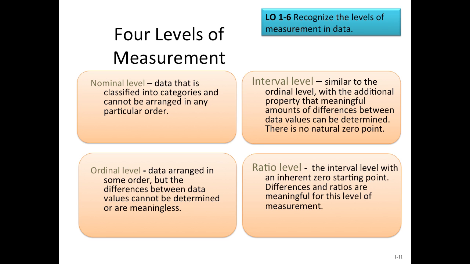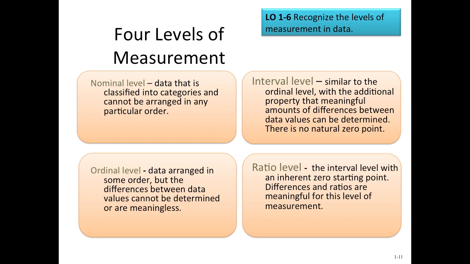Ratio has all the characteristics of the levels below it, but it also adds a meaningful 0 point, meaning that it's not arbitrarily placed on the scale. So Fahrenheit and Celsius arbitrarily place the 0 on the scale of temperature, right? 0 degrees in Fahrenheit or Celsius doesn't mean a complete lack of temperature, or, chemistry people, lack of movement in the atoms, right?